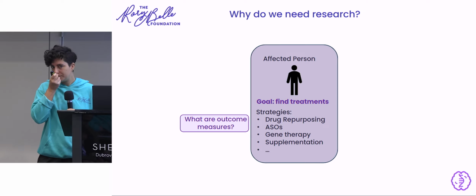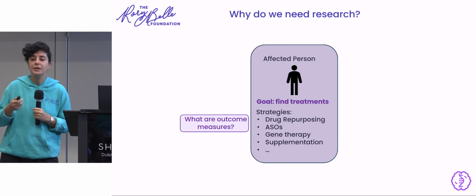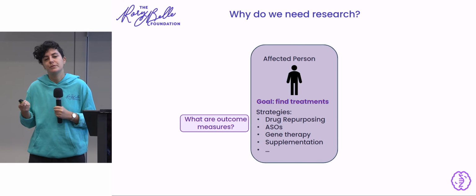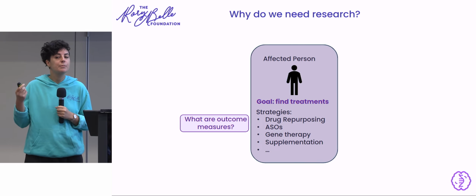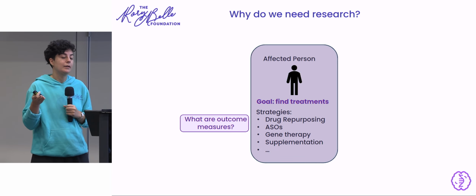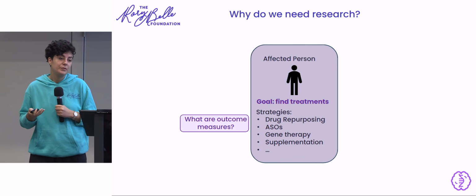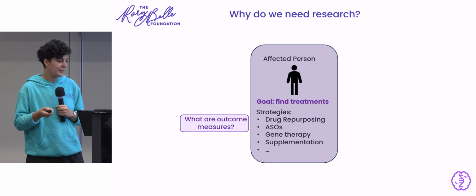Well, first, if we want to find a treatment, we need to figure out outcome measures. We need to figure out what is the most important thing that you want in your child, in patients, like what are the most important symptoms that you want to see treated.